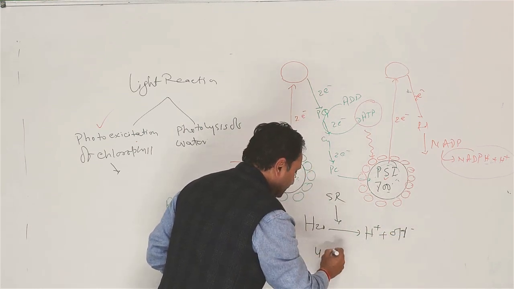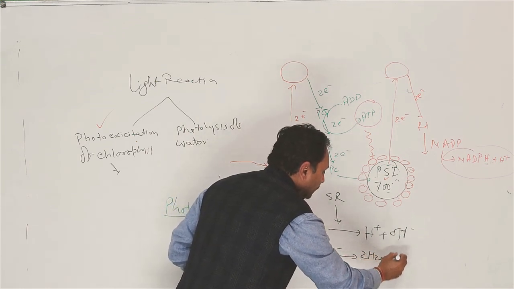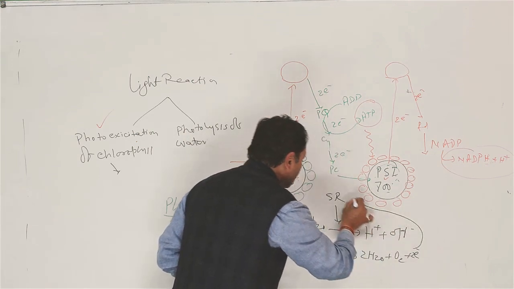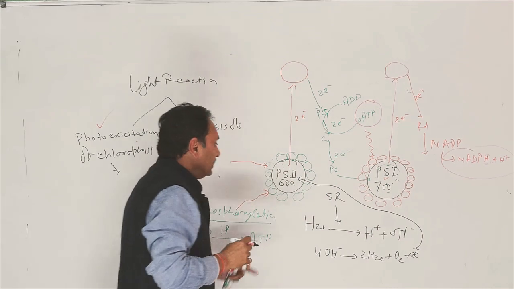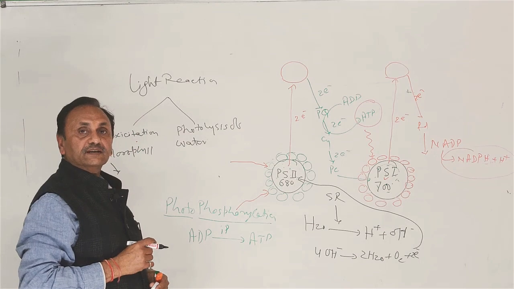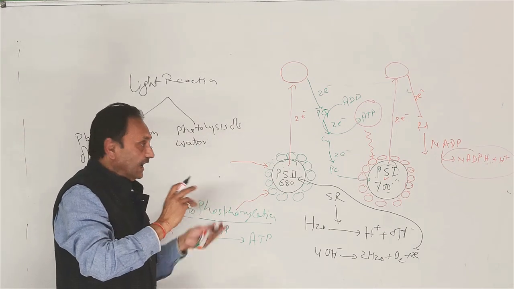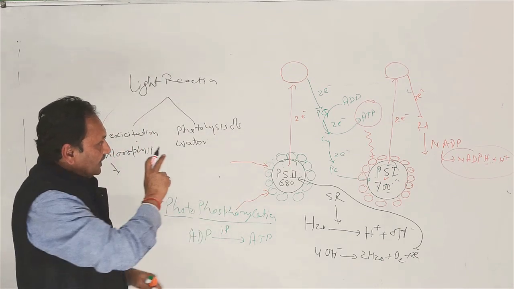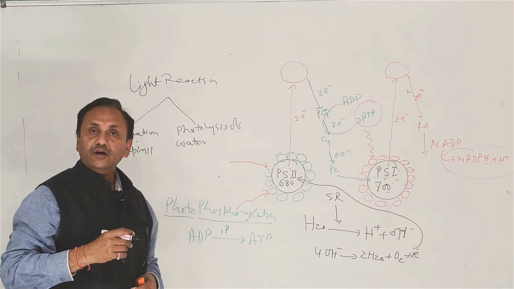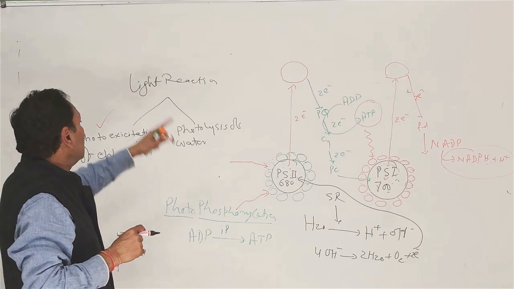This 4 OH negative converts into 2 H2O plus O2 plus 4 electrons, and these electrons go to the excited chlorophyll to convert it into ground state for further excitation. This is called light reaction, and by this light reaction the ATP and NADPH2 are produced, and that is helpful in the dark reaction. In this first lesson we will study about the light reaction.